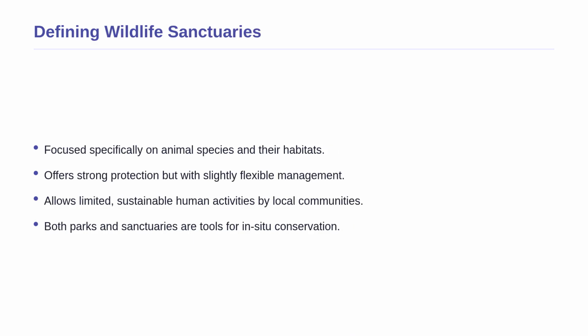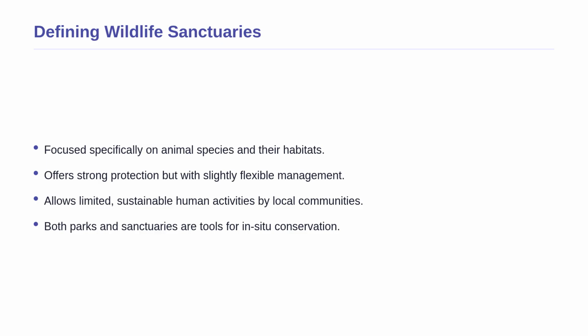While national parks offer strict, blanket protection, wildlife sanctuaries take a slightly different approach. A wildlife sanctuary is a protected area specifically focused on the conservation of animal species and their specific habitats. They still offer incredibly strong protection, but they are slightly more flexible in their management.